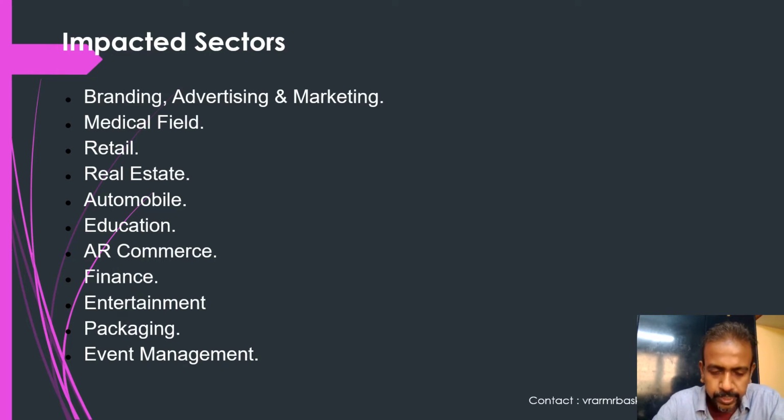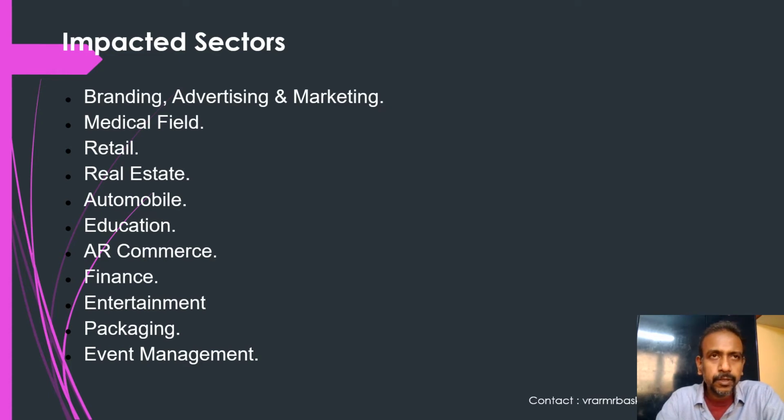And the medical field. Medical university students, to perform surgeries and understand the human body and various body parts, have to look for cadavers.